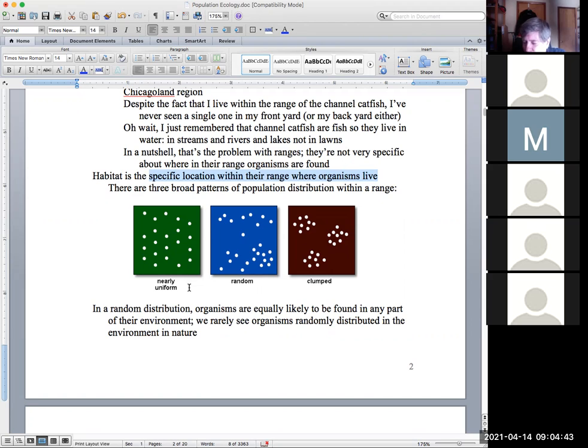So if you see a certain type of plant, you might take 10 steps and then you see the next plant, and then you take 11 steps and you see the next one, and then you take 10 and you see the next one. So they're spread out very evenly.